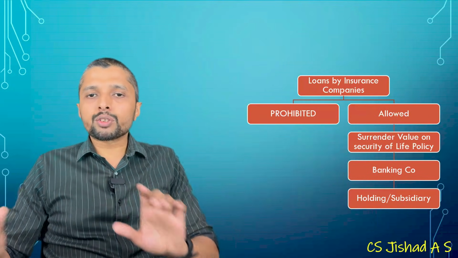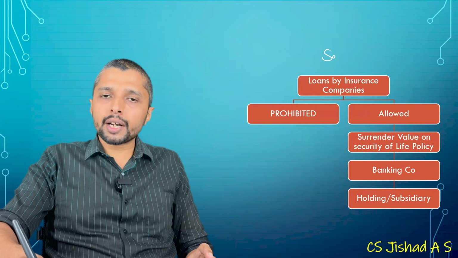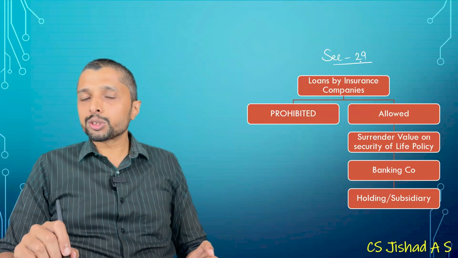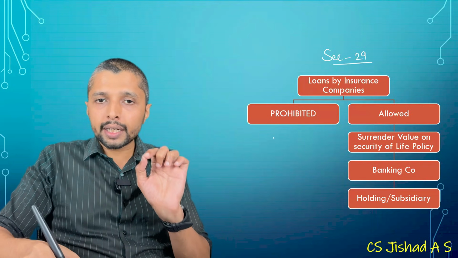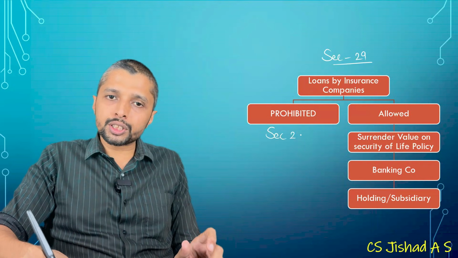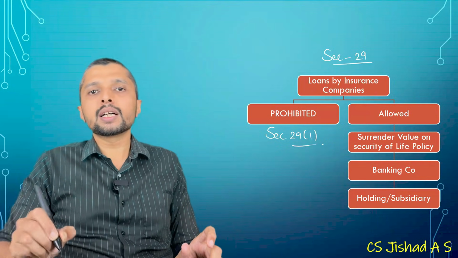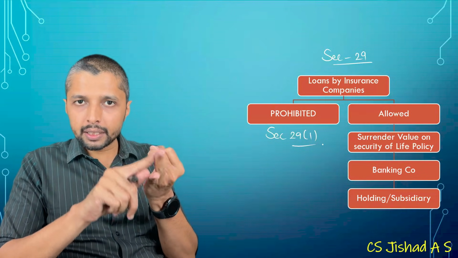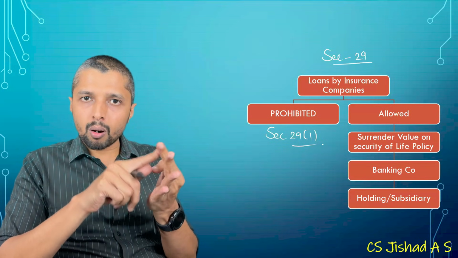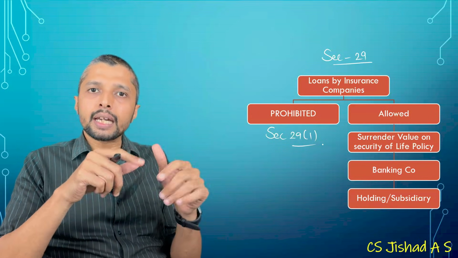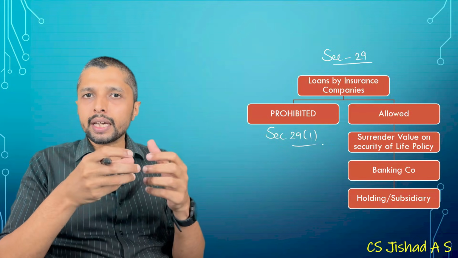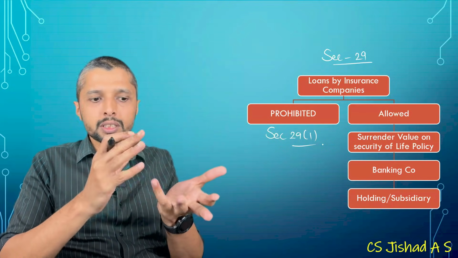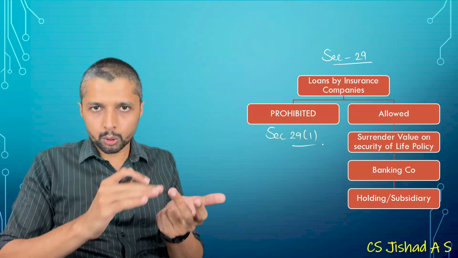Then with respect to the loans provided by insurance companies, specified under Section 29, an insurance company cannot provide loans to certain persons specified under Section 29 subsection 1. They cannot provide loans to their directors, managers, actuary, auditors, then any firm or entity in which such persons, meaning director or manager, hold such a position.